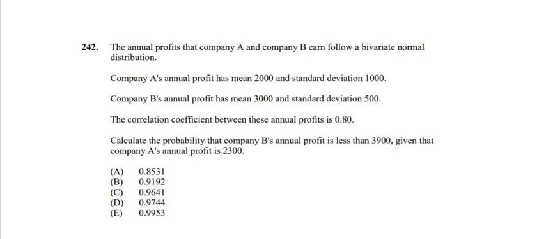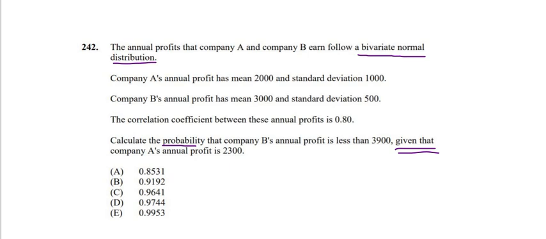Okay, so for this problem it is a bivariate normal distribution. For those problems, we need some formula. It's hard for me to remember the formula. So let's say, given just a conditional, we want to find the probability under the condition. So we need to know the conditional distribution.